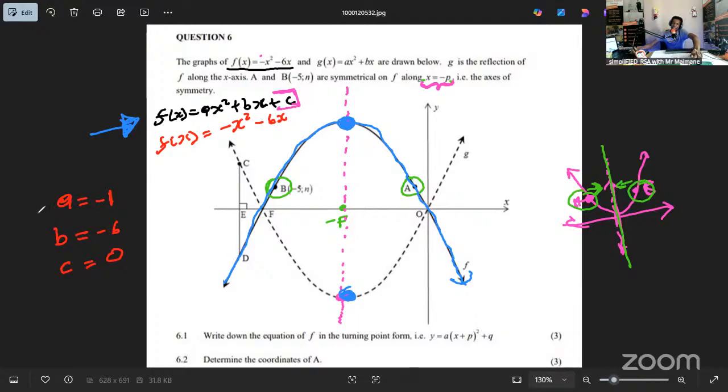But what I was saying was, based on this function being f of x equals minus x squared minus 6x, I already know that f of 0 would be 0. Hence, it is passing through 0 exactly there on that point. Those are just small things that I'm observing.